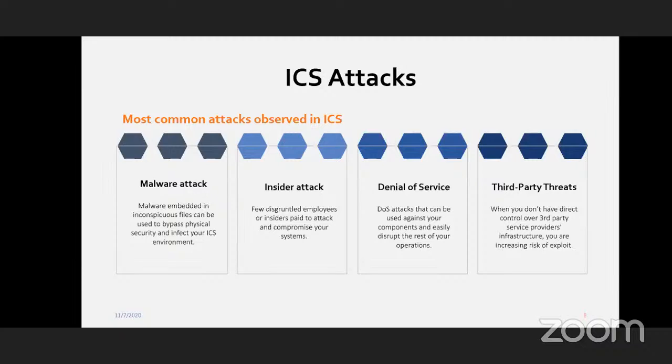This might not sound like much, but even a second-long delay can create a severe negative impact on your operations. And this is only one of the many types of DoS attacks that can be used against your components. Others include attacks on PLCs. They are fragile in nature, and a single massive port scan can crash your PLCs and easily disrupt the rest of your operations.